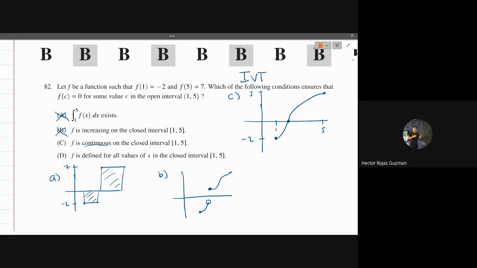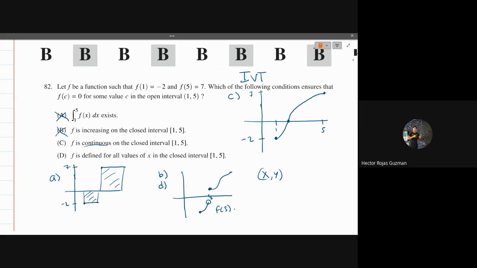F is defined for all values of x. That means that for every x value, you're going to get a y value. And actually, the drawing I did in part B also qualifies as this. Every single x value has a y value, including the one where the hole is located. Let's call this 3.